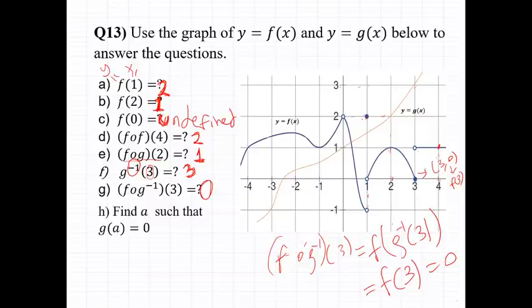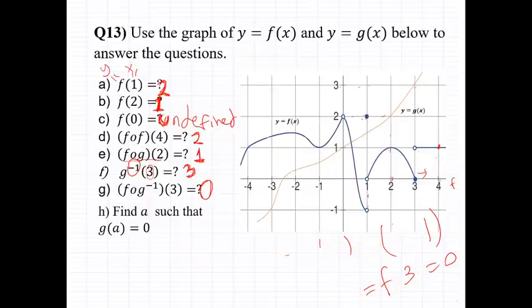Now it says find a such that g of a is equal to 0. It's asking again, the logic is this one here. It's giving you the y value and asking you the x value. So 0 is on the y level.